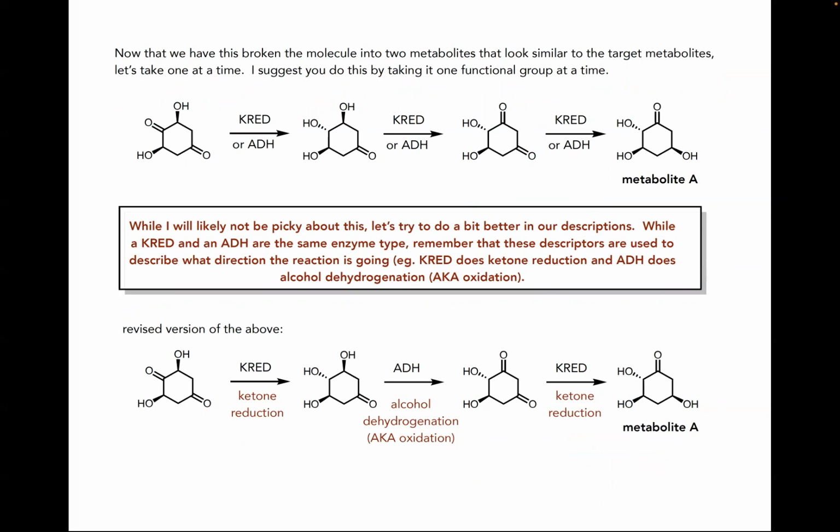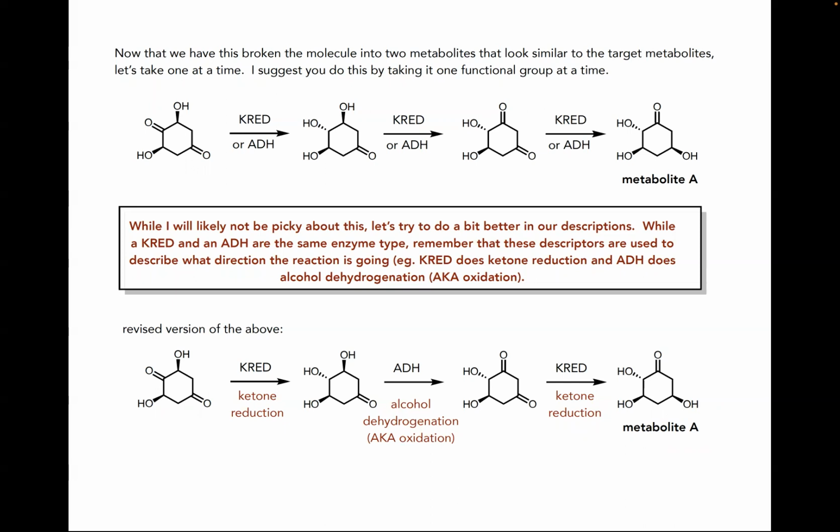And so, let's say you were to start with the top left piece there, that ketone. If you start with that, you're going to notice that ketone becomes an alcohol. So one thought might be that it might be a ketoreductase that reduces that. You can also say alcohol dehydrogenase, but I'll talk about that in just a second.